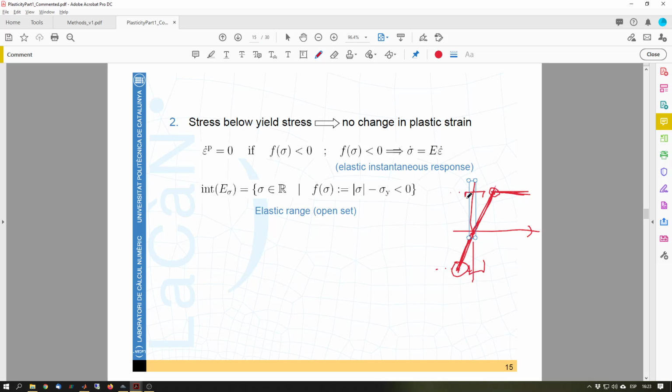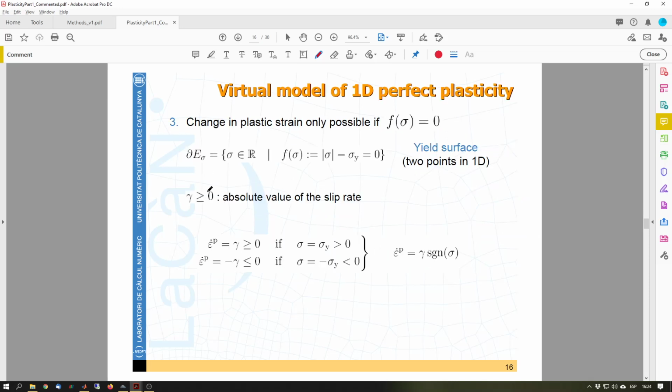Okay, so this is fully linear. As far as my yield function is smaller than 0, it's just linear. Whenever we are somewhere at the boundary, it means that the stresses belong to the boundary of my admissible domain.